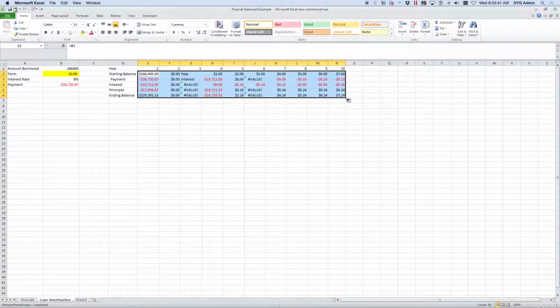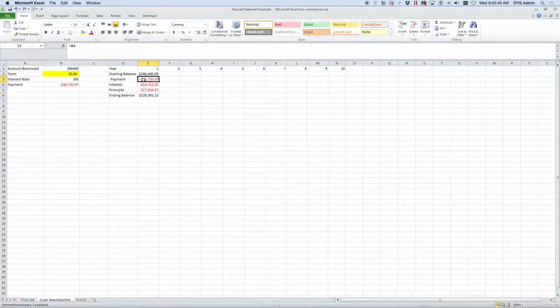And we didn't do something properly because it's not reading that. Let's see. Payment has to be held constant. That's okay. Let's try it one more time. Starting balance for the next period is equal to the ending balance from the prior period.